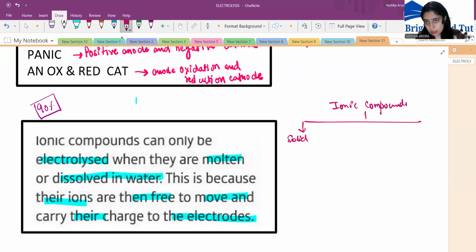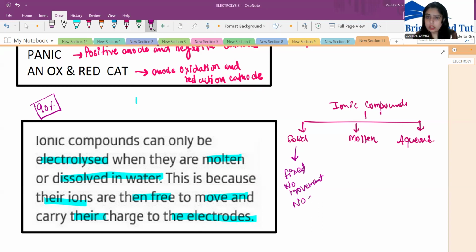Solid; molten, which is the liquid state, meaning you have melted them to a pretty high temperature; and the last one is aqueous. Aqueous means dissolved in water. In the solids, the ions are fixed, with no movement, and therefore no charge conduction is possible.